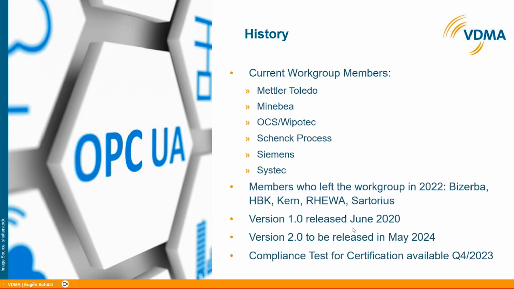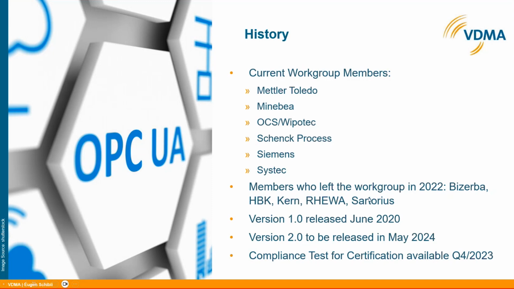Okay, now the history of this core working group: currently there are 6 member companies left, which defined this standard in close cooperation with the VDMA and the OPC Foundation.